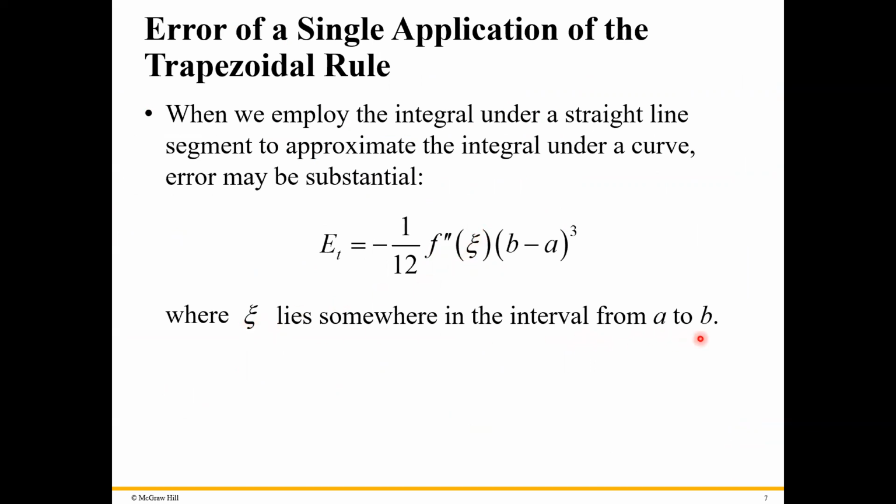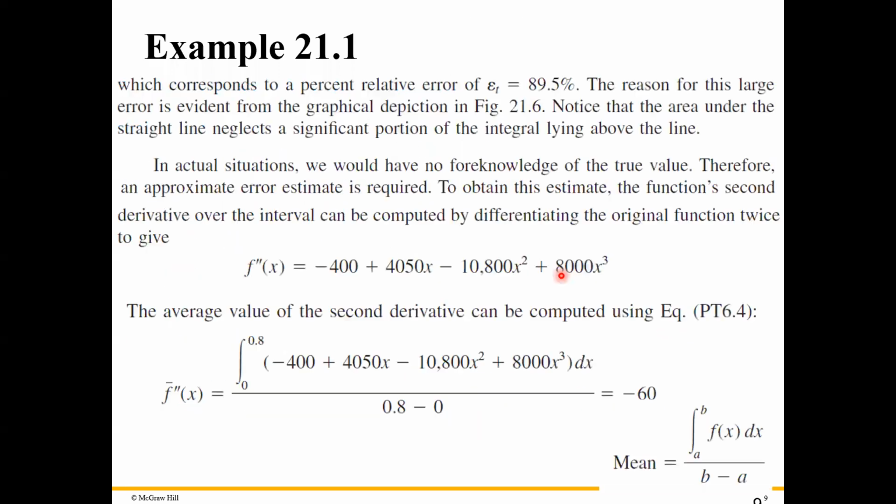So we assume that this is an average value of the second derivative between a and b. In this way we can approximate this error. Because it lies somewhere between the interval a and b, as an arbitrary rule we can take it as the average value of the second derivative.